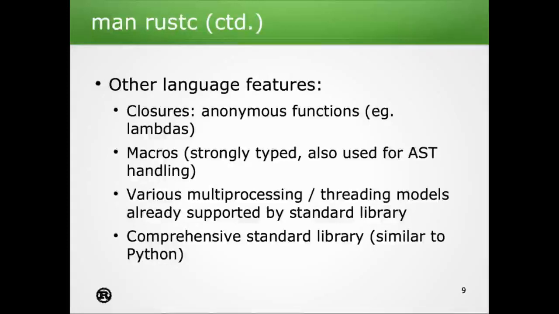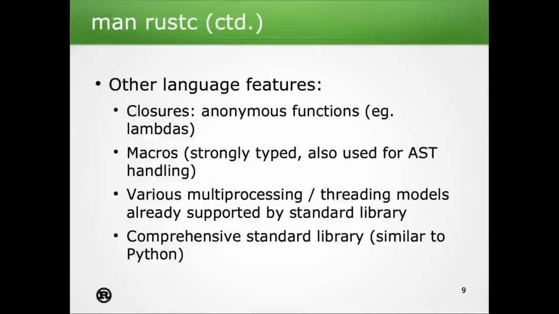Yes, and if you want to do so, and this is kind of an advanced topic, you can manipulate the abstract syntax tree through macros. So to some extent, you are able to do in Rust what you can do in Python with the corresponding package, i.e. write programs that to some extent manipulate the AST or even write program code themselves.